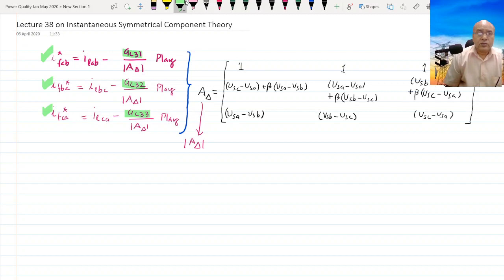Clear? So how to find the determinant of this? Same procedure. We can write this as the A11 element, this is A12, this is A13, this is A21, this is A22, this is A23, this is A31, A32, and A33.